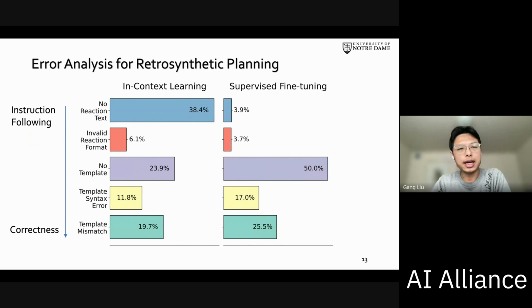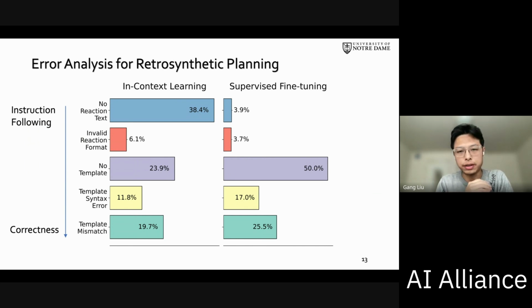Okay, we also analyze why the large language model fails in the retrosynthesis task. Here we group different errors into 5 tags, from instruction following to generation correctness. And we can observe from this figure that for the in-context learning method, the typical problem is that they cannot follow the instruction to generate reaction-related tags.